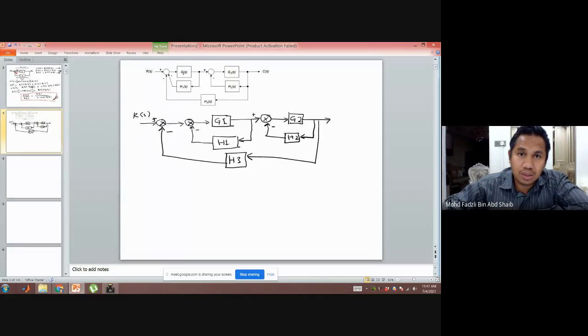This one is one. G1, H1, G2, H2, and H3. We can see it's all combined together, but we need to split it so that you will understand. This one is for this and for this, and the rest of this, the feedback, and another one.